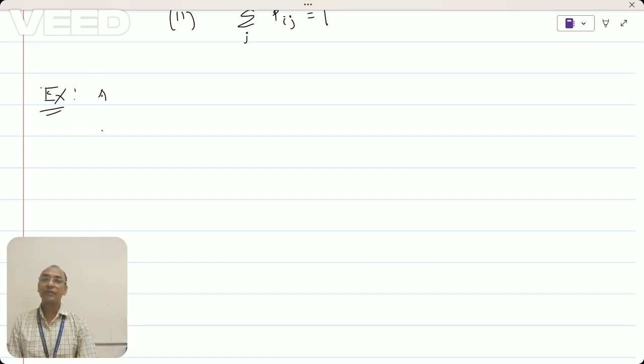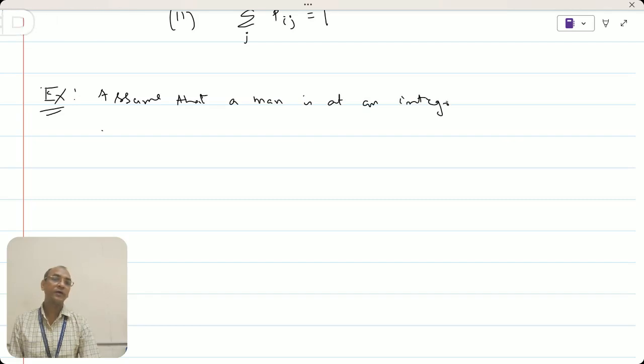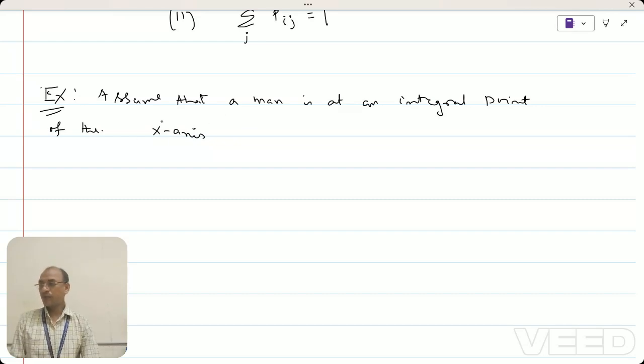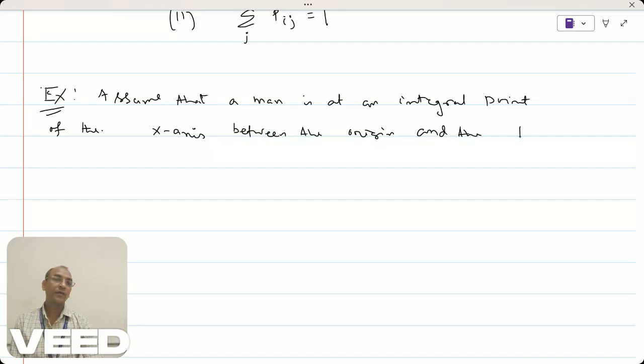Assume that a man is at an integral point of the x-axis between the origin and the point x equal to 3.